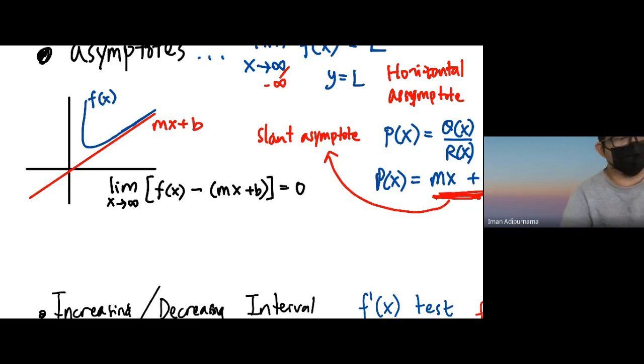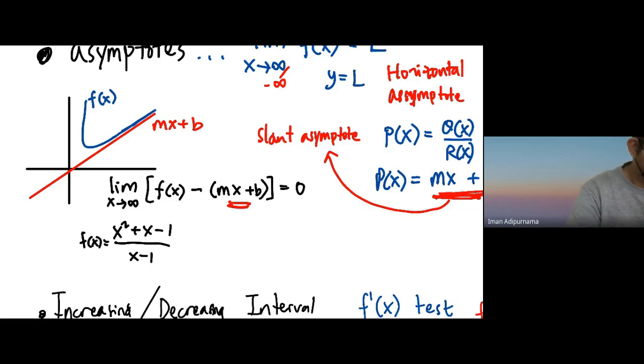That's the exact definition of slant asymptote. But how to find the slant asymptote: usually it's rational functions, for example, x squared plus x minus 1 over x minus 1. If this is your function here, then we can find the slant asymptote.